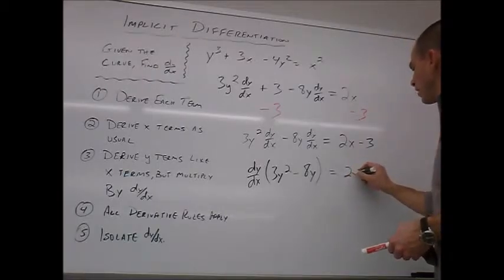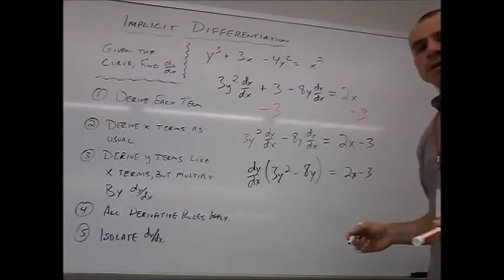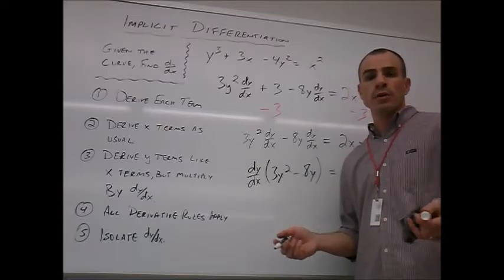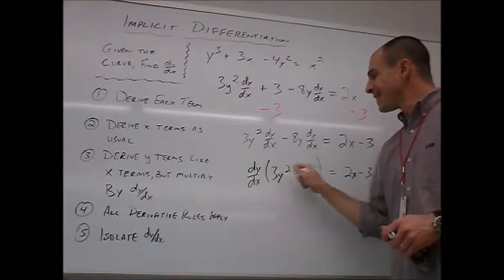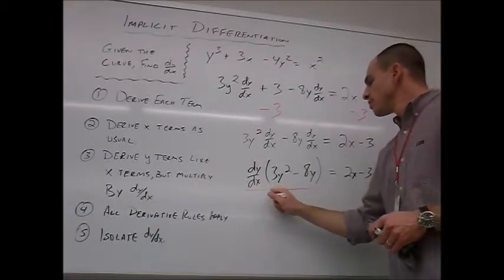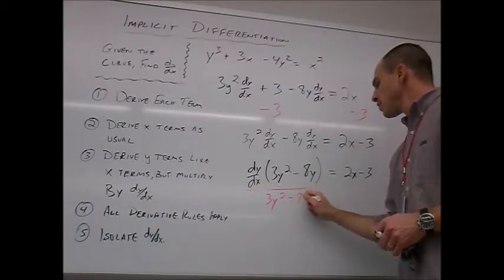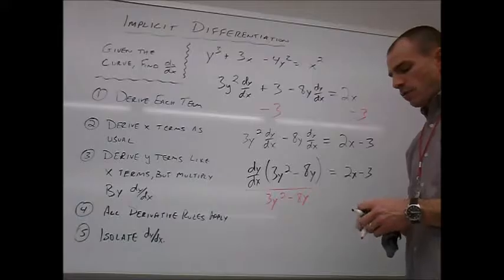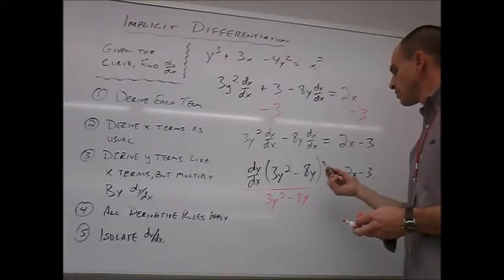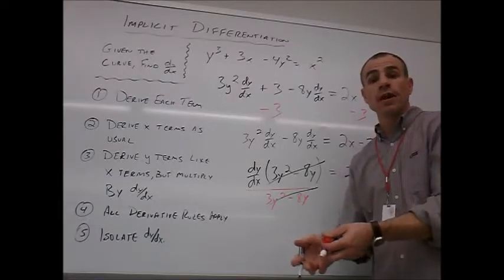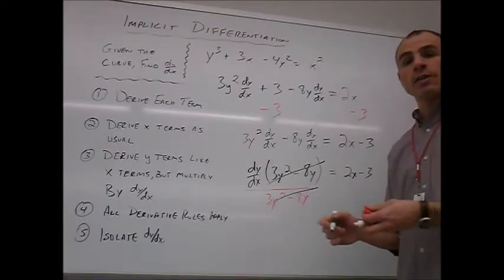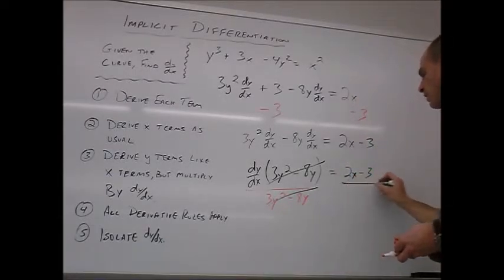Over on the other side, we still have 2x minus 3. Now we need to get dy dx all by itself. How do we do that? Yeah, we're going to divide. We have dy dx times this expression, so let's divide by the expression. And if we do so, that will eliminate the expression on the left side. But if we divide by 3y squared minus 8y on one side, yeah, we got to do it on the other as well.